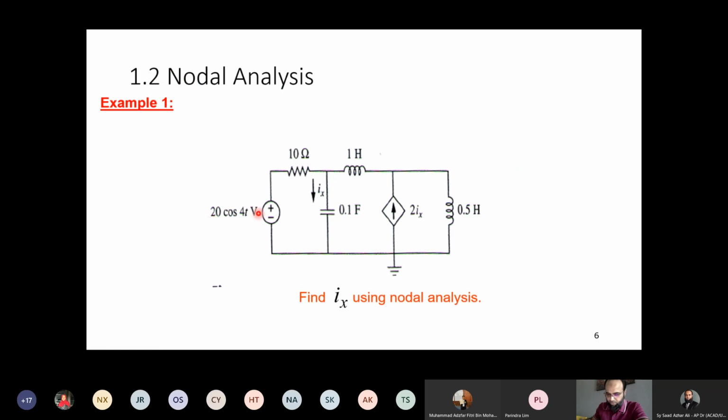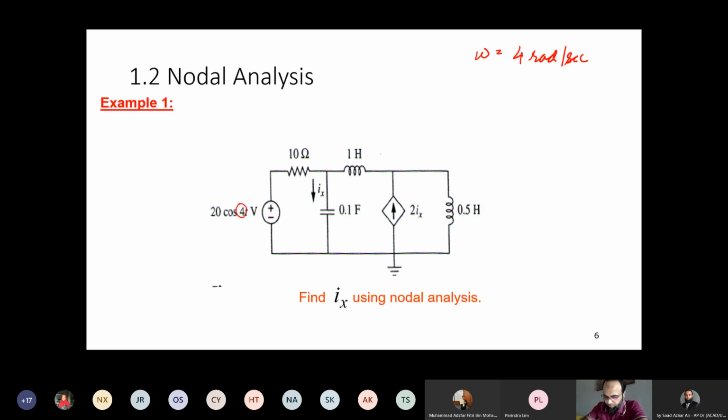If you look at this one and this one and this one, we have to convert these into the frequency domain. If someone can remind me, what is the value of omega, and where do we get it from? 4, very good, 4 radians per second. This is coming from this particular value.